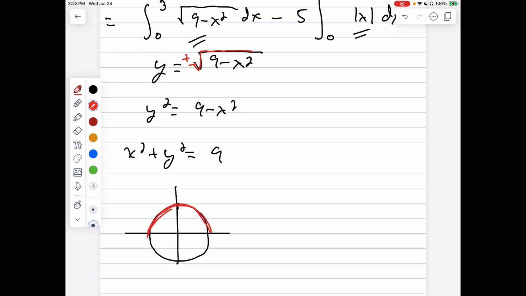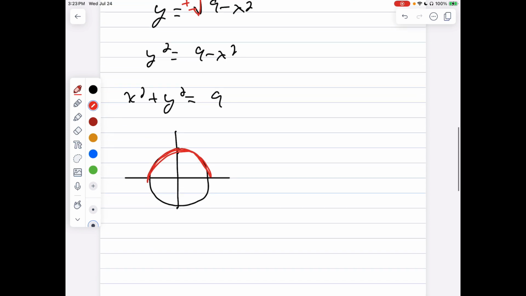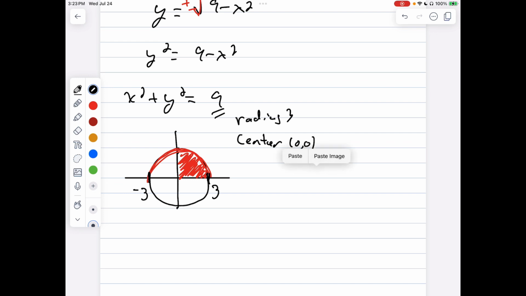And the limits of integration from 0 to 3 tell you that you're only looking at the right-hand part of the circle. The x values of the circle range from minus 3 to 3, because the radius of the circle is 3 and the center is the origin.